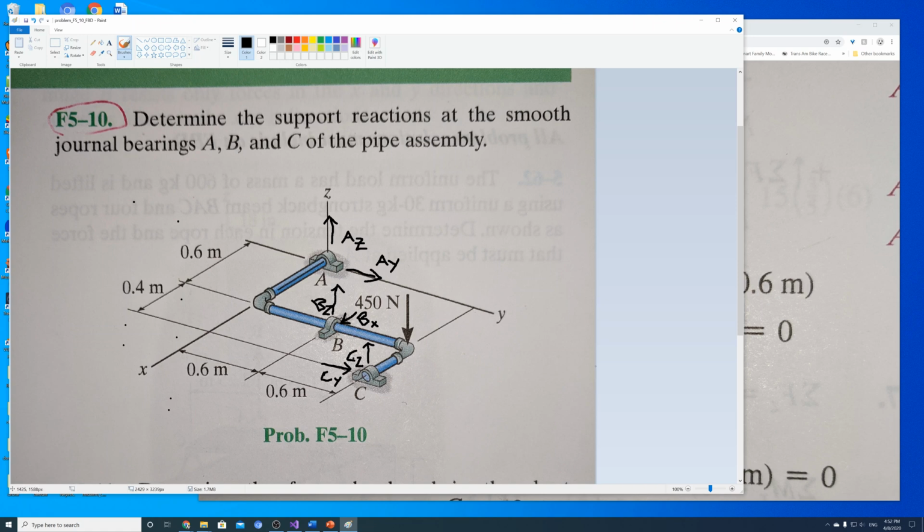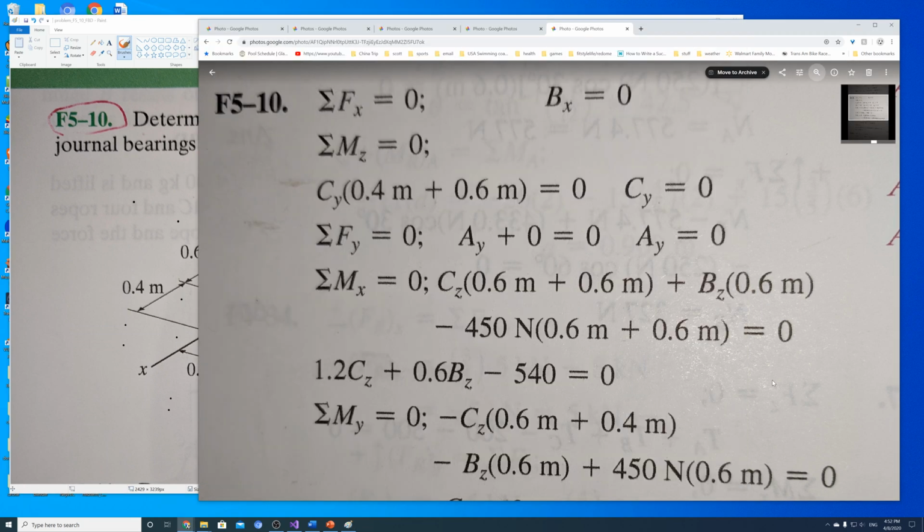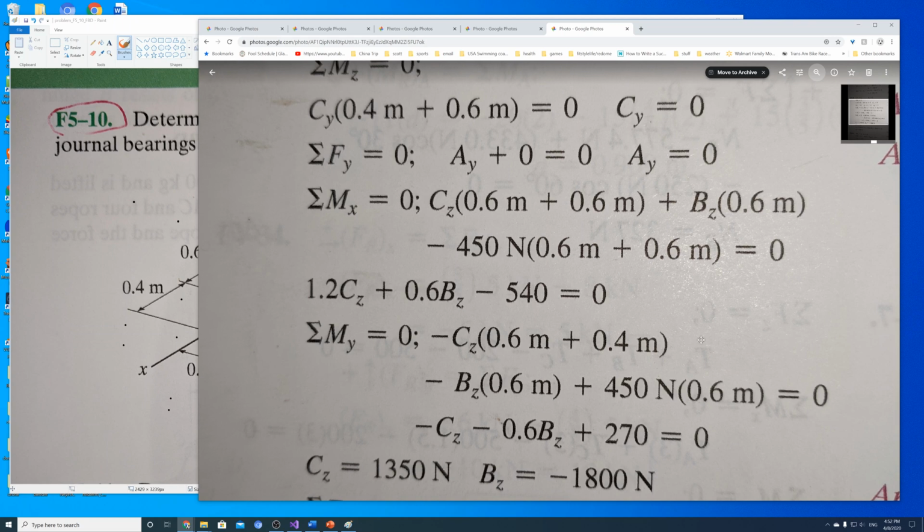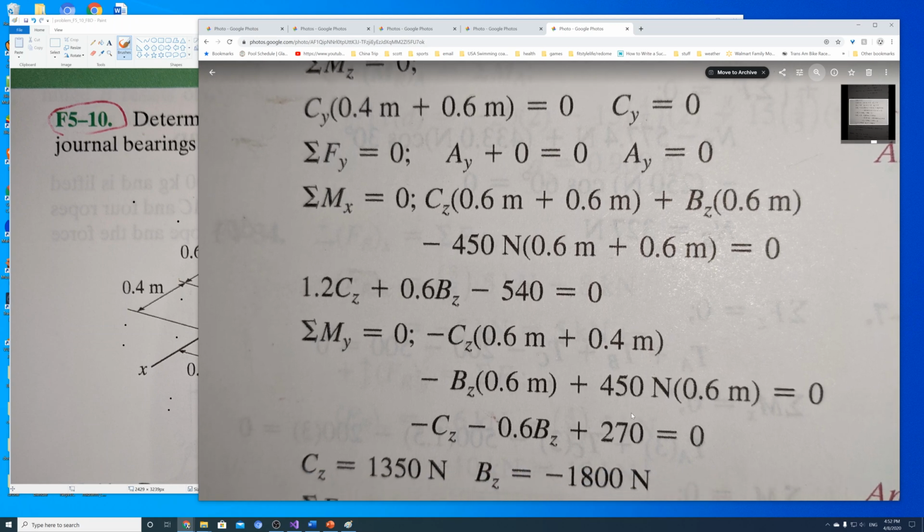This one also, the CZ here, would cause rotation about the y-axis in the clockwise direction. And this 450 Newton is going to cause rotation about the y-axis in the counterclockwise direction.